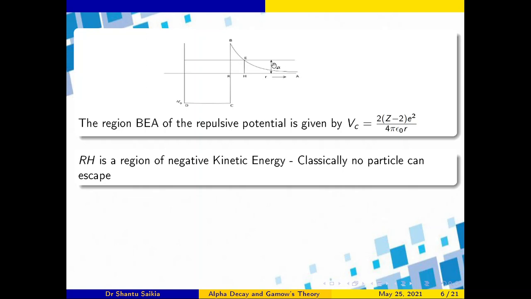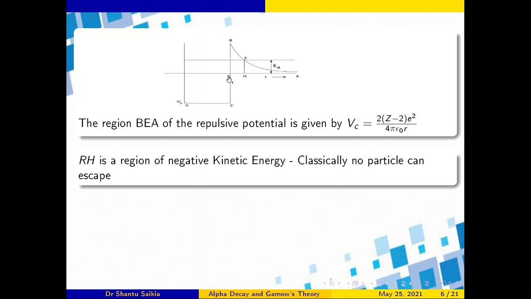Now this E alpha is the total energy possessed by the alpha particle, that is equal to the kinetic energy plus the potential energy. And the potential energy is given by this value of the potential energy. Now in the region RH of the potential, you can see that the potential energy is greater than the total energy of the alpha particle, E alpha.